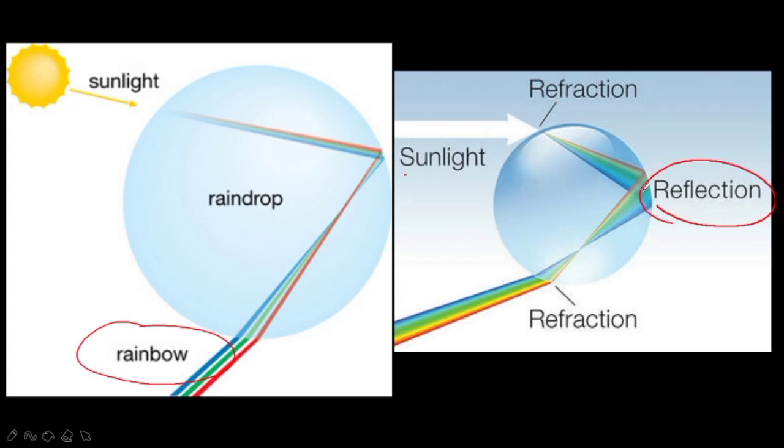Since it is showing the reflection only inside the raindrop, we call it internal reflection. So after internal reflection, again it comes out of the raindrop by refraction. These colors we observe as a rainbow. So this is how the rainbow is formed by the process, that is refraction, internal reflection and again refraction, which makes rainbow colors, that is 7 colors, again that is VIBGYOR. Understood?